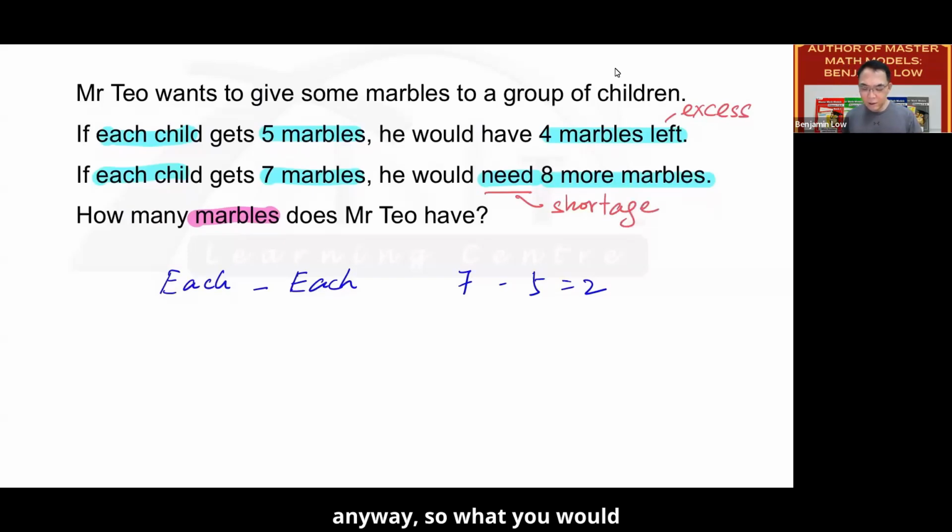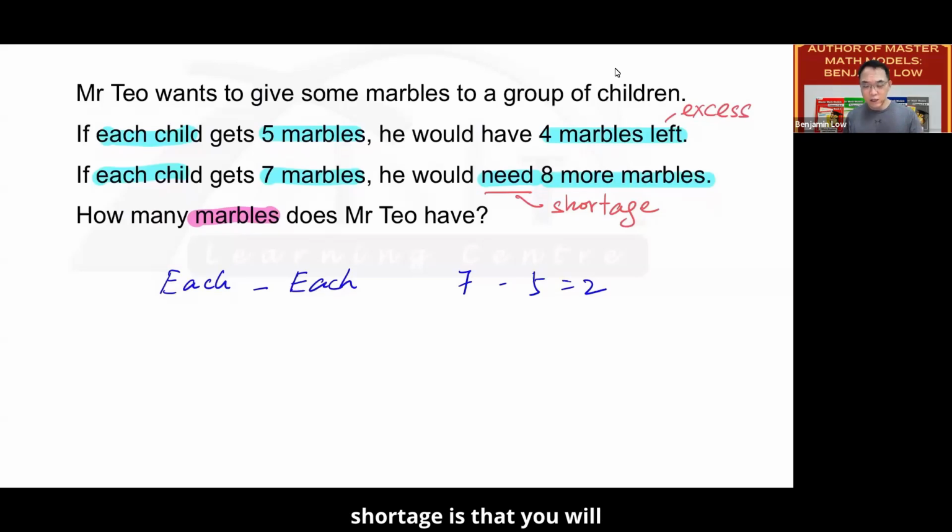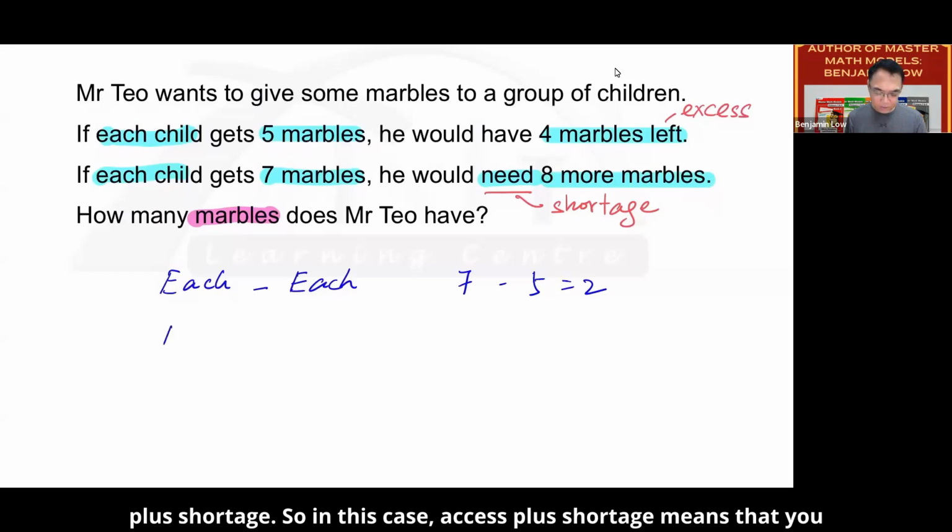Anyway, what you would do next in this assumption method, where there is an excess and a shortage, is excess plus shortage.